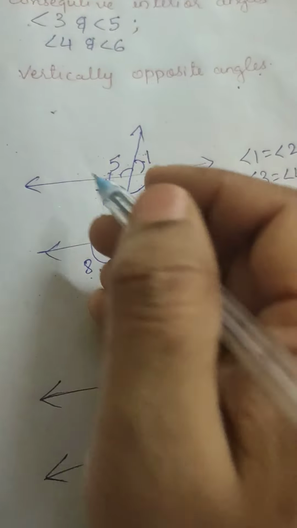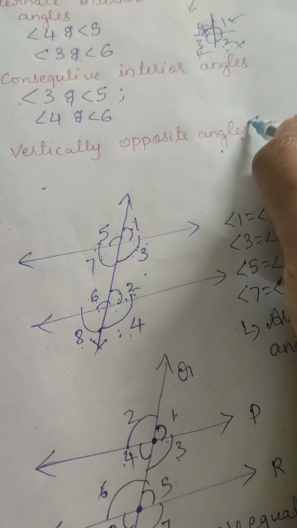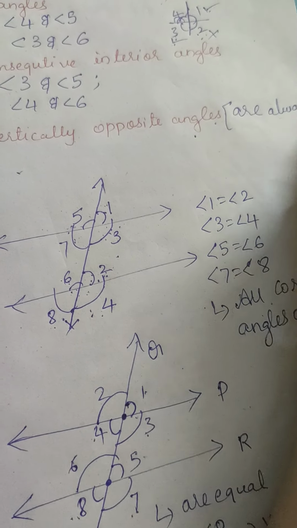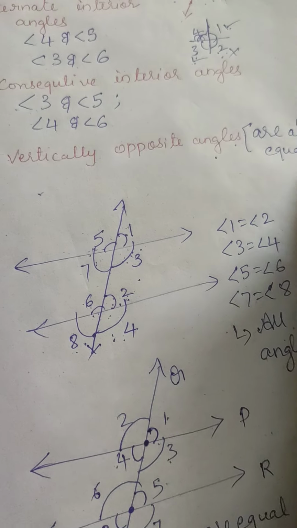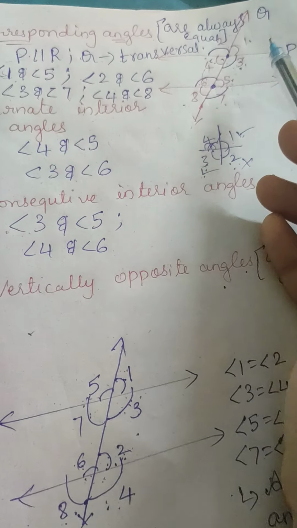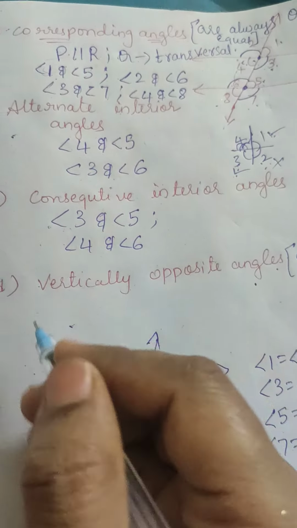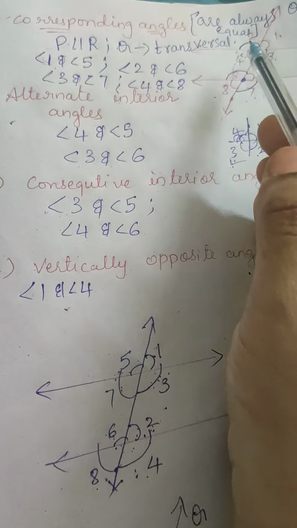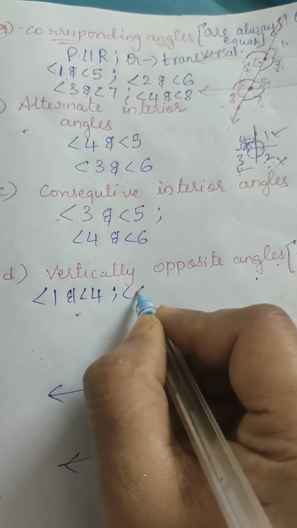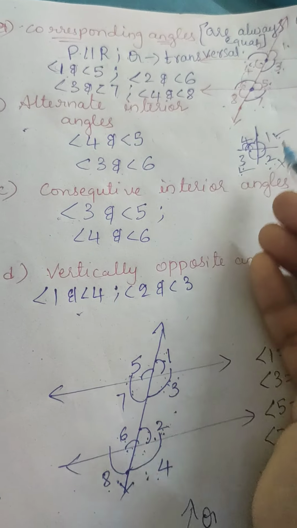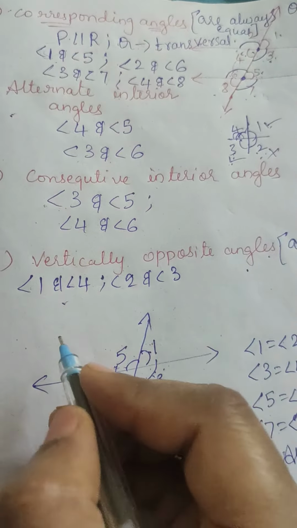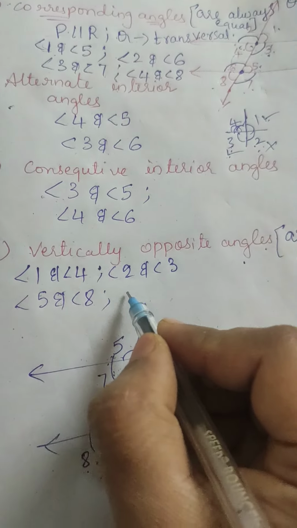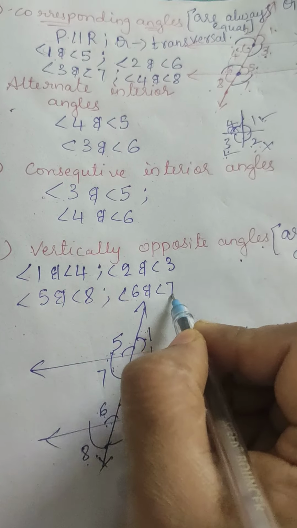Vertically opposite angles are always equal. From this we can see what vertically opposite angles are: angle 1 and angle 4, angle 2 and angle 3, angle 5 and angle 8, angle 6 and angle 7.